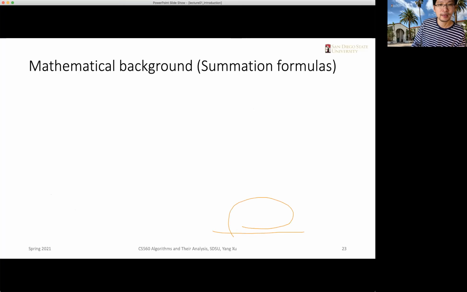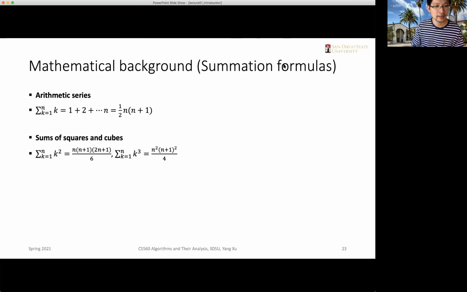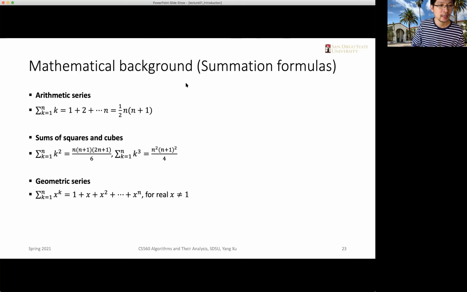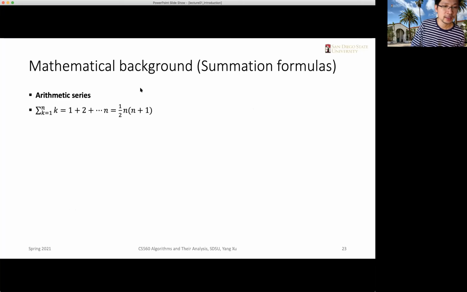All right. Now let's talk about series of numbers. There are 2 types of series. First, let's look at arithmetic series, a simple example being summing up 1 to n.